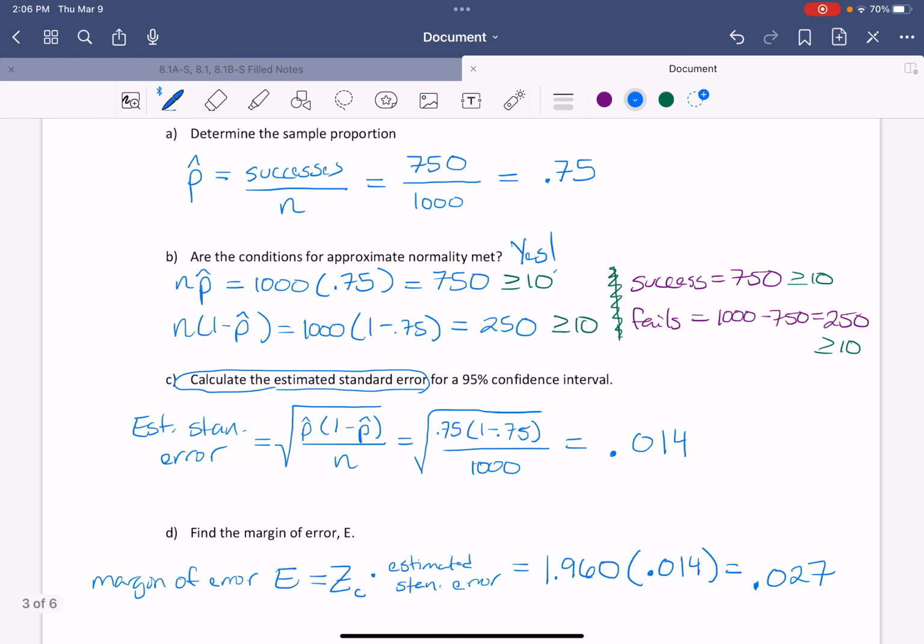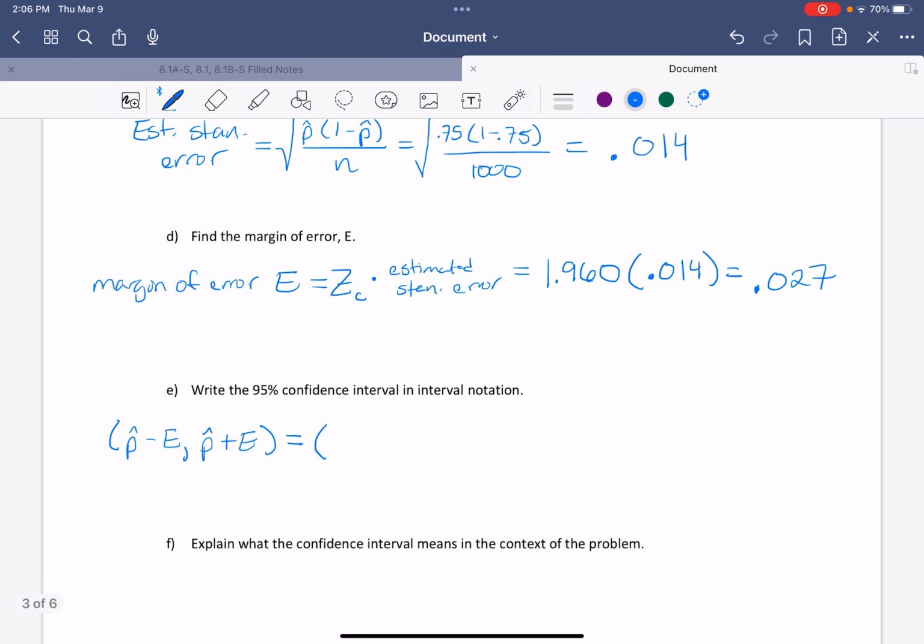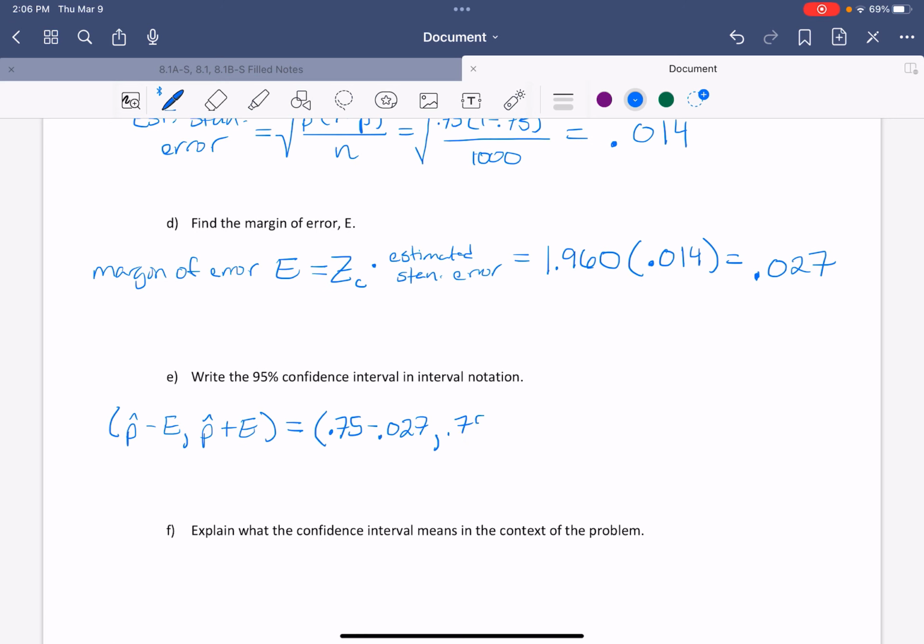P hat we know is 0.75, minus e we just got from the previous step, so that's minus 0.027, comma, and then similarly we add them, so 0.75 plus 0.027. Once you subtract those values and add those values, I got 0.723, comma, 0.777. Lucky sevens, right?